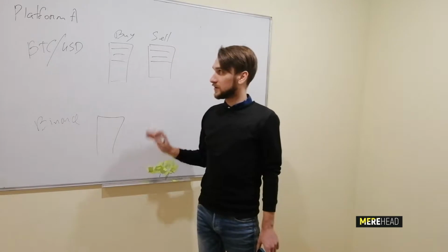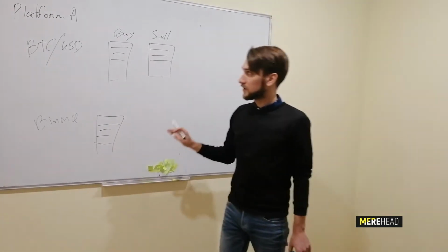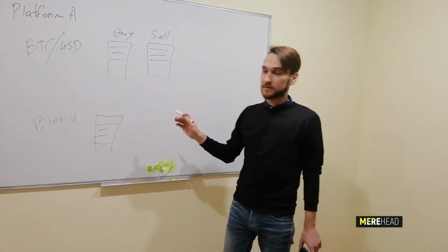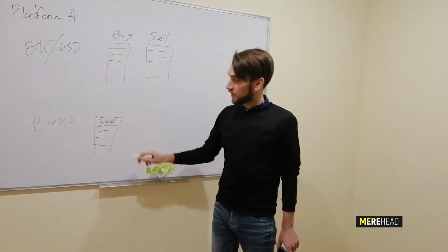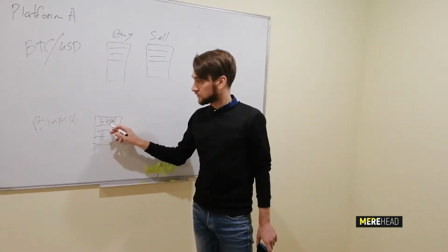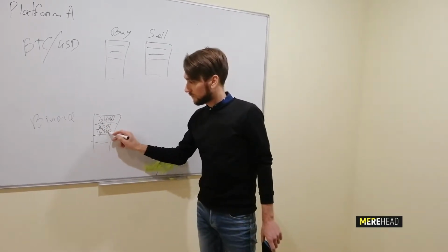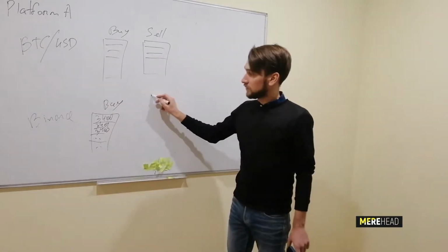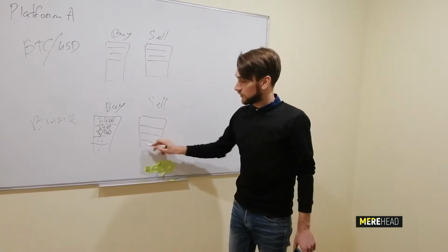So this is a real and legit trading pair. For this pair, we will have about 5 or 10,000 orders, and with the current exchange rate, it is like 3,400, and let's go for the buy. For the sell, they also have a huge order book.